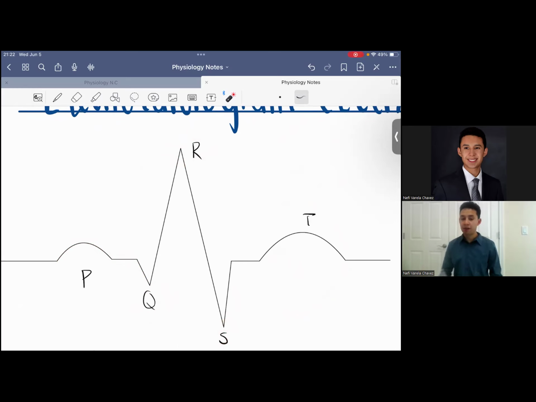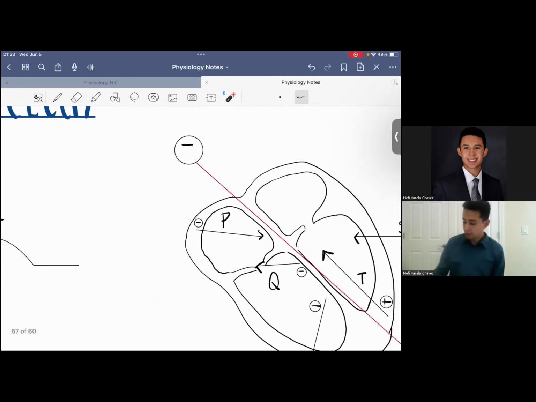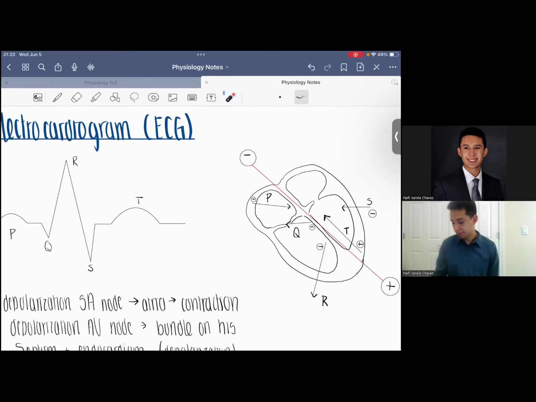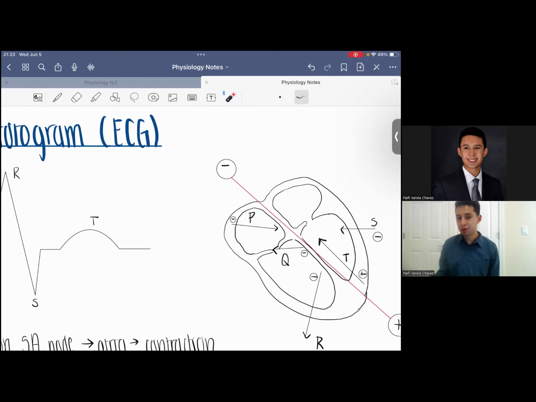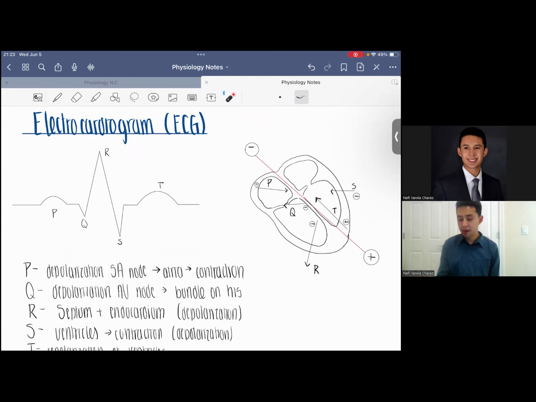S, we're going to have the rest of the heart, the ventricle, and with some visual help, I'm going to explain it better. And T is hyperpolarization, starting from the apex, that tip of the heart, to go up. Okay, and the electrodes are going to help us to understand the behavior of those waves.